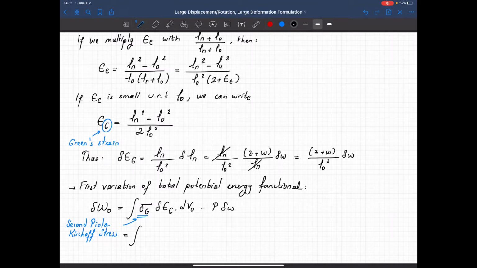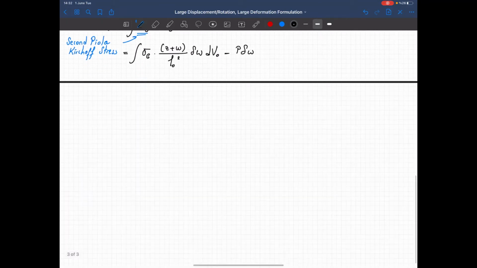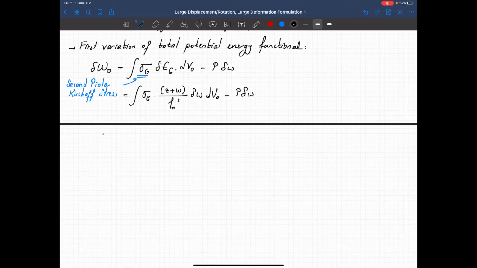So we have the Green stress multiplied by Z plus W divided by L0 squared, variation in the displacement, integrated over the initial volume, minus P times del W. In that case, 0 will be equal to the Green stress multiplied by A0, L0 is the initial volume, Z plus W over L0 squared, the variation in the displacement, minus P times the variation in the displacement.